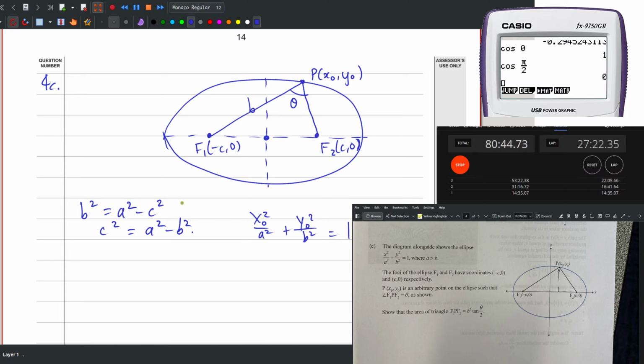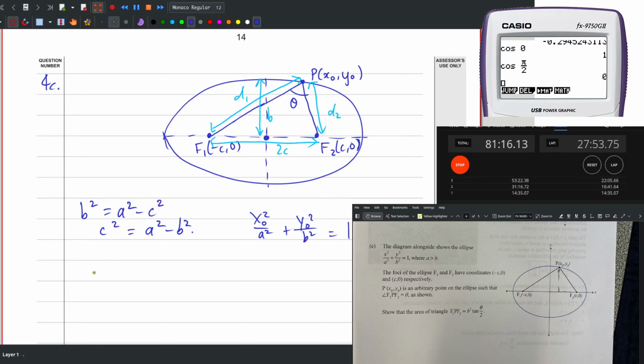I wanna understand what this tan theta on 2 means. Because actually, how do we even calculate theta? Okay, so this is gonna be 2c, right? And we can call this one d1 and this one d2.